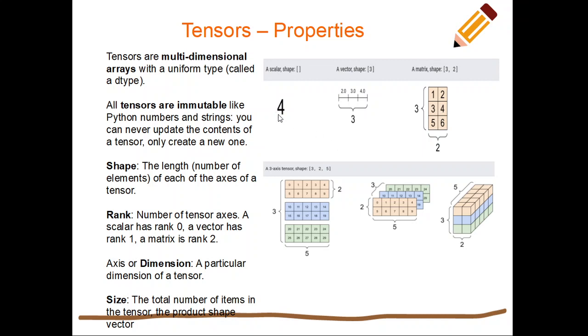So in this particular case there are 0 dimensions. In this case there is 1 dimension. In this case there are 2 dimensions here. And the size is the total number of elements. In this particular case it is 3 into 2, so 6 is the size of the matrix. In this case it will be 3 into 2 into 5, so 10 into 3, 30. That will be the size of the matrix. So that's a property of the tensor.